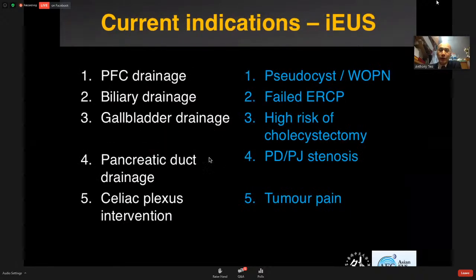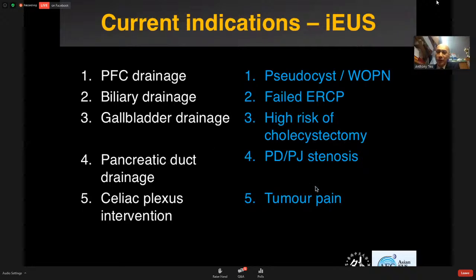In terms of interventional EUS, the current indications: for PFC, I think now endoscopic drainage is the standard, which includes both pseudocysts as well as walled-off necrosis. Biliary drainage is mainly indicated in patients with failed ERCP. Gallbladder drainage is indicated in patients at very high risk for cholecystectomy.